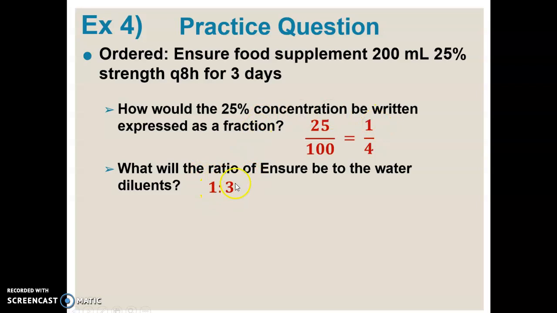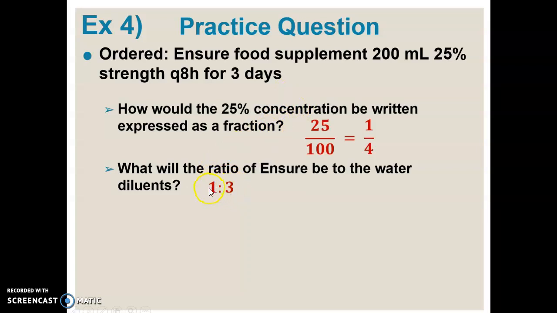Now, to get the second number in your ratio, the bottom of your fraction, 4, minus the top of your fraction should give you that second number. So you add these numbers together and you get the bottom of the fraction. Our 1/4 concentration as a fraction is actually a ratio of 1 to 3.